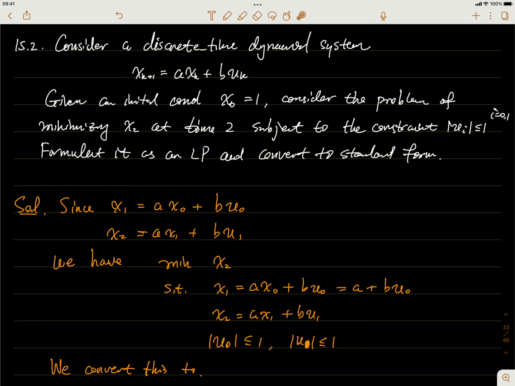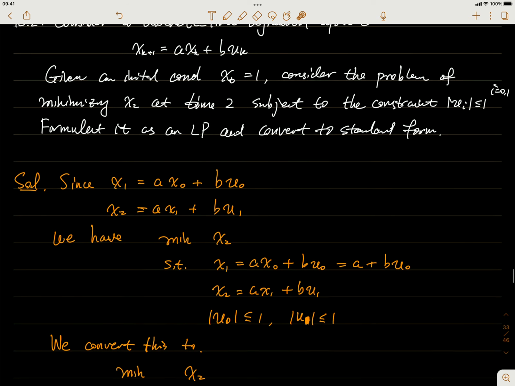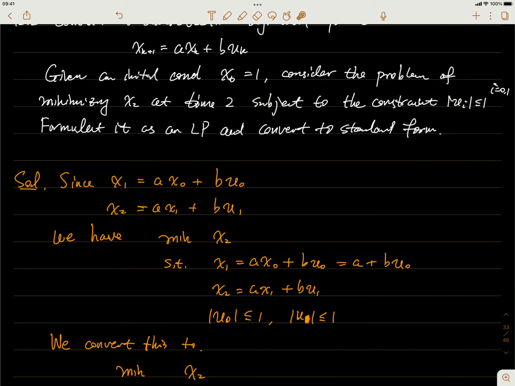So we try to formulate this as a linear program and convert it to the standard form. Now it's clear that x_1 is related to x_0 and u_0 in this way, due to the formula for the dynamical system, and similarly x_2 must be equal to that. Again, just set k equals 2, and k equals 1.